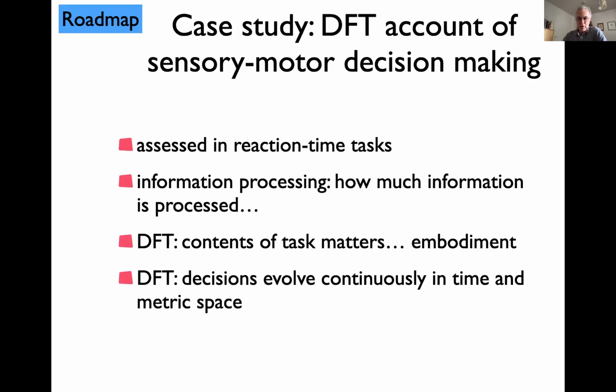Good. So that's the core of dynamical field theory, the core mathematical techniques and concepts. What I want to do in the last maybe 15 minutes or so is take you through two case studies.